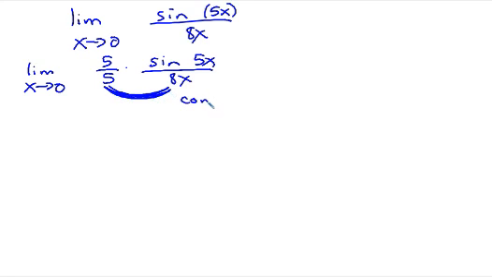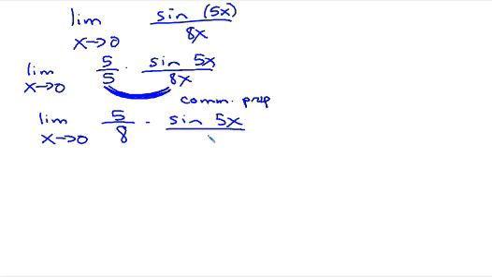And so I now have the limit as x approaches 0 of 5/8 times the sine of 5x over 5x.